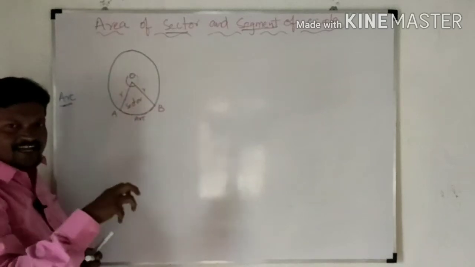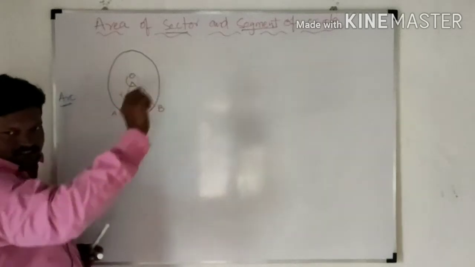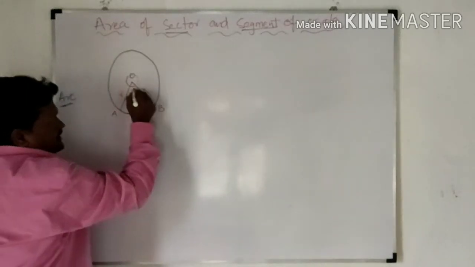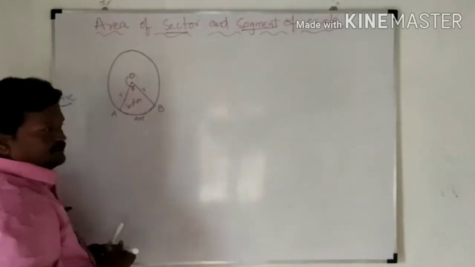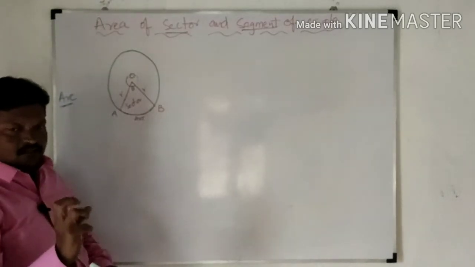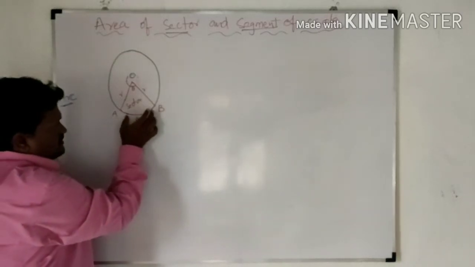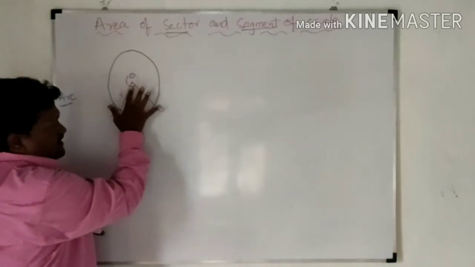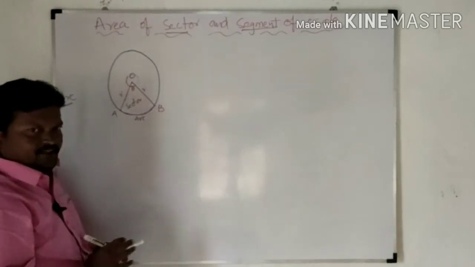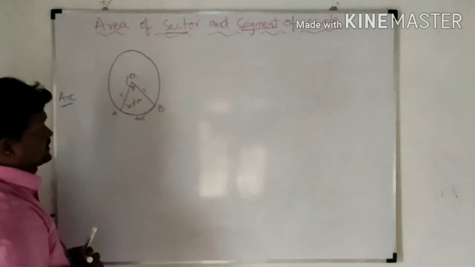So this is the part of the angle of 360 degrees. So let it be theta. Okay. So here, the basic things in the sector are one arc, 2 radii, and one angle, that is theta.